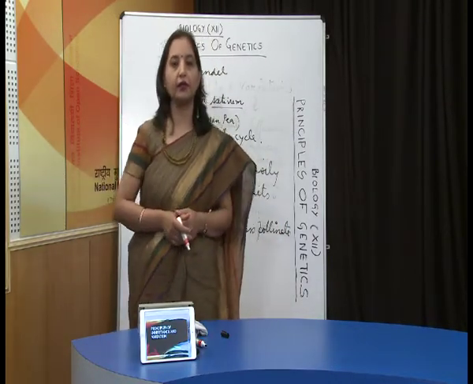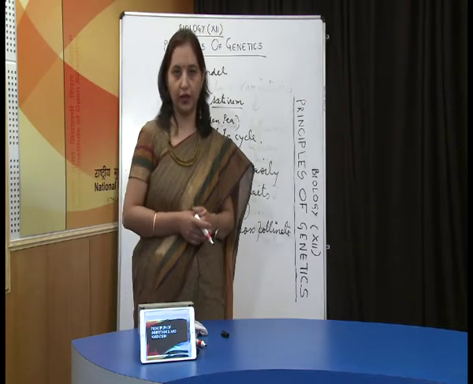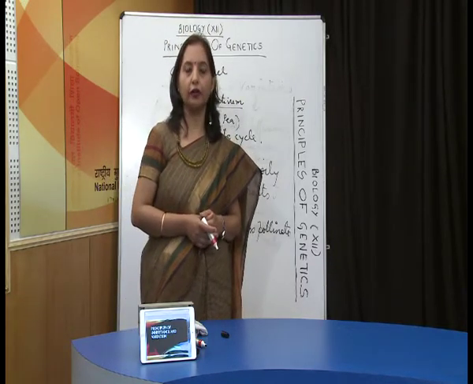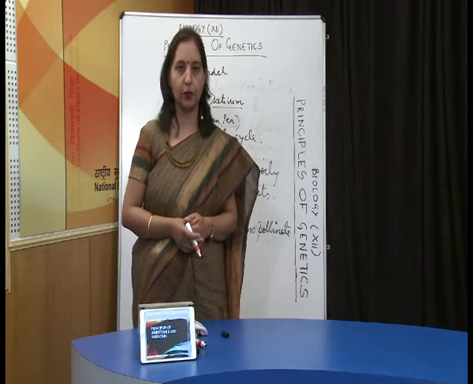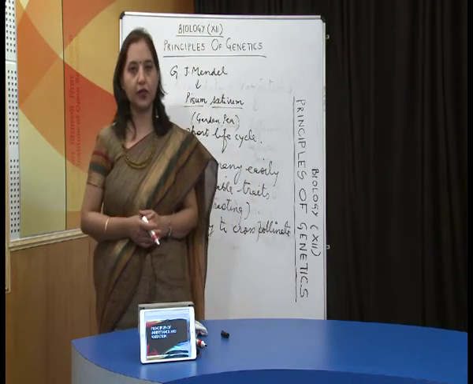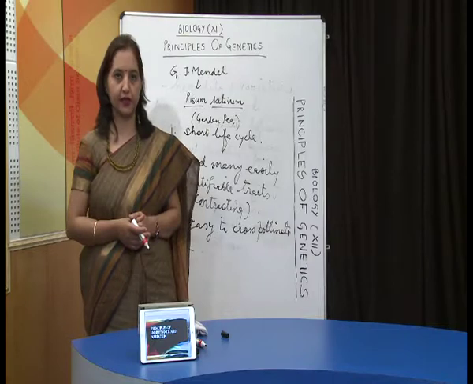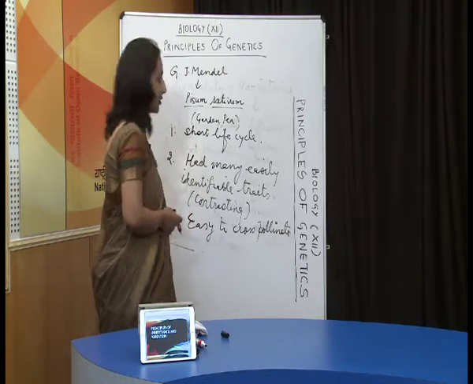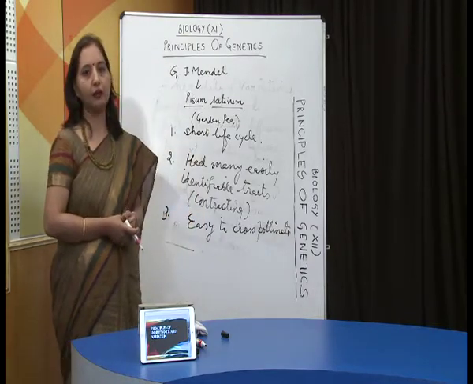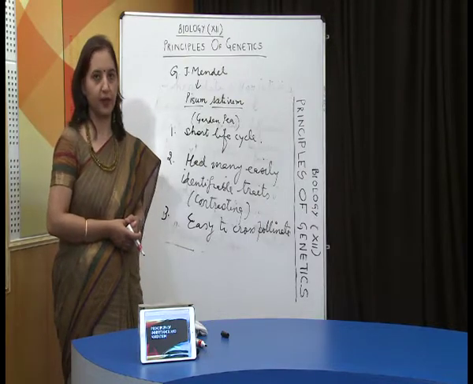Naturally, garden pea is self-pollinating, but for the experiments, it is easy to cross-pollinate. So these three reasons are very valid reasons why Mendel chose pea for his experiments.